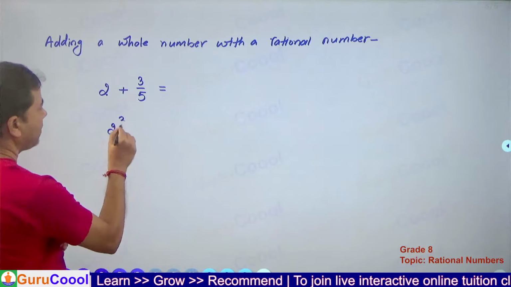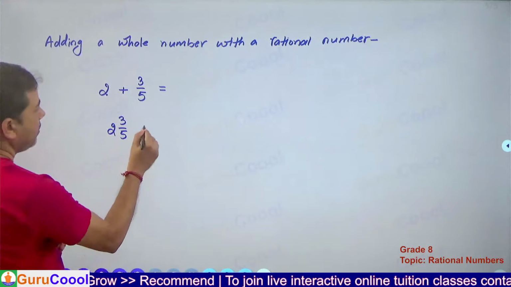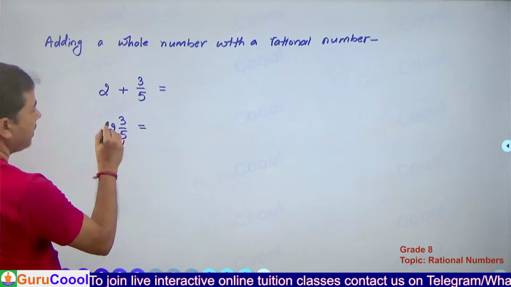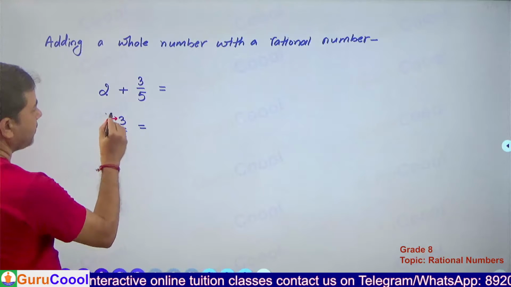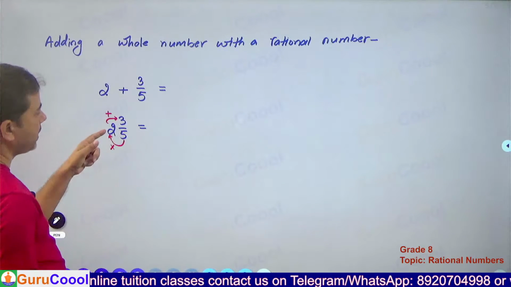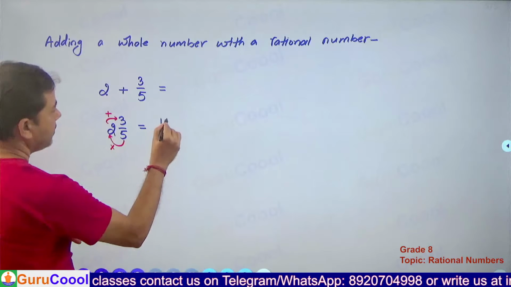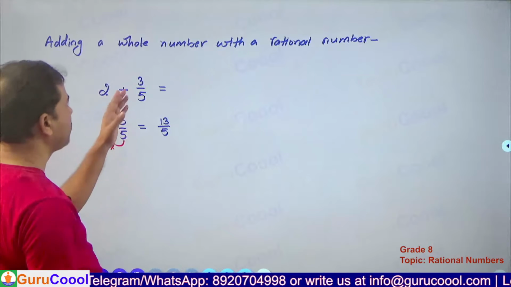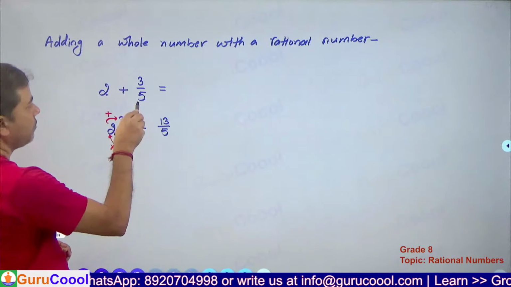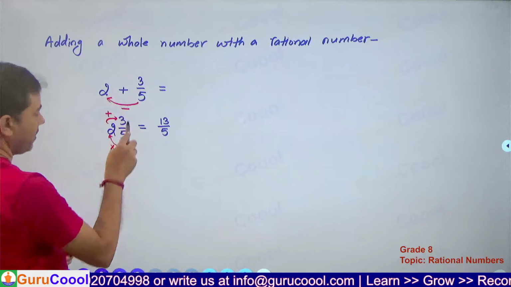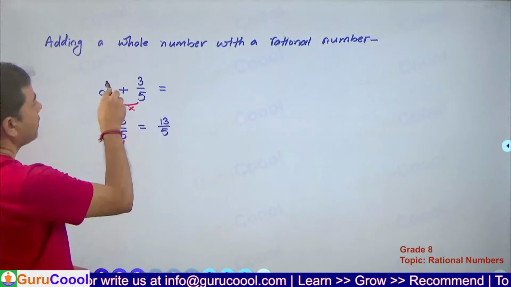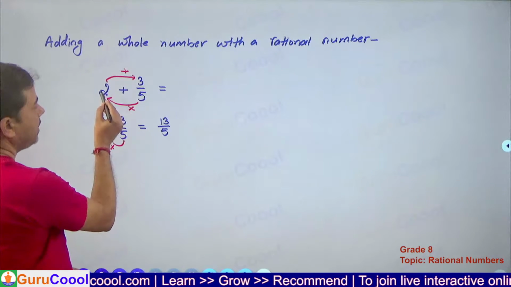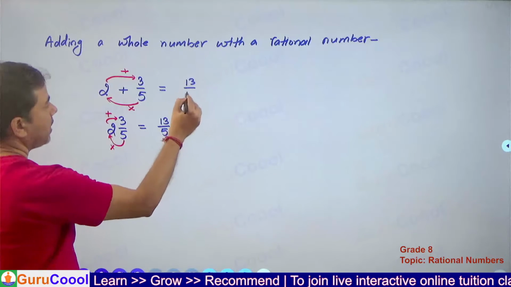If you have 2 and 3 by 5, you do 5 times 2 and then add the result to the numerator. So 5 times 2 is 10, plus 3 is 13, divided by 5. The same method you have to do here also. 5 times 2 is 10, 10 plus 3 is 13, you get the answer 13 by 5.